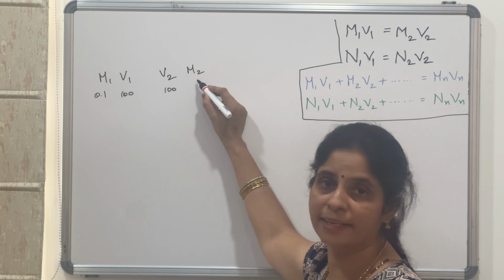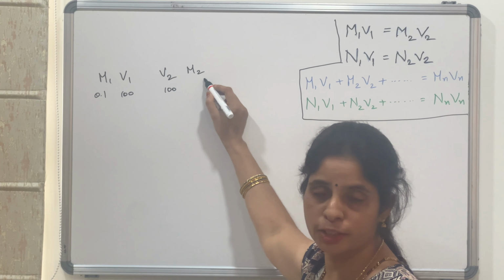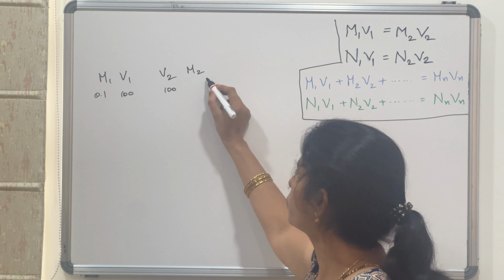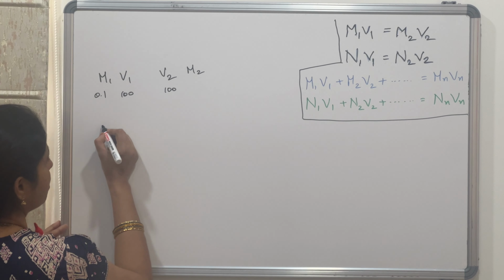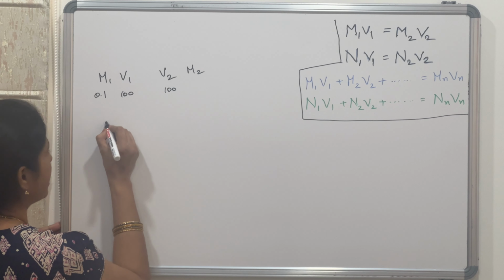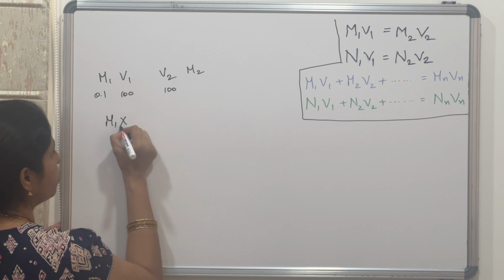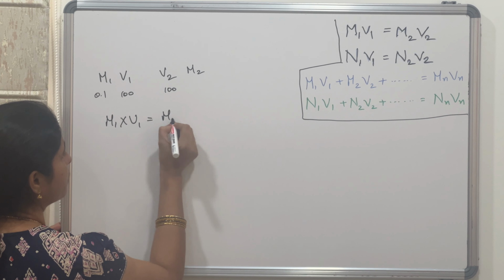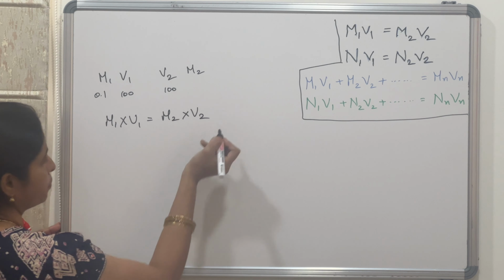The new molarity is M2. And here we have a relation M1 into V1 is equal to M2 into V2.